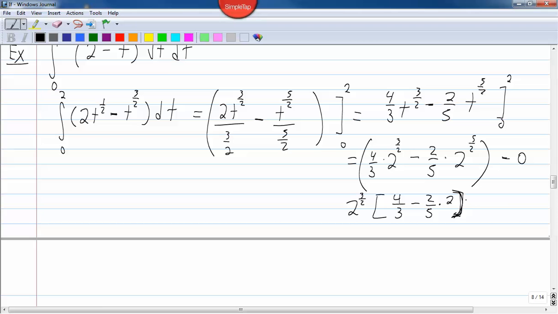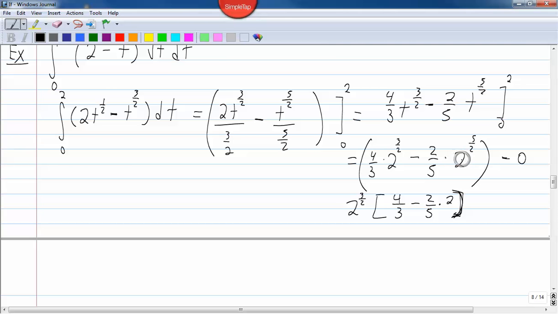Alright, let me repeat that. I saw that this has 2 to powers, a base to a power. So you factor out the smallest power. When you do that for this term, this goes away from that. Minus.